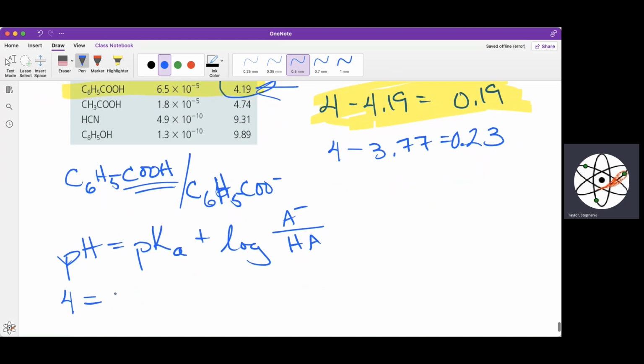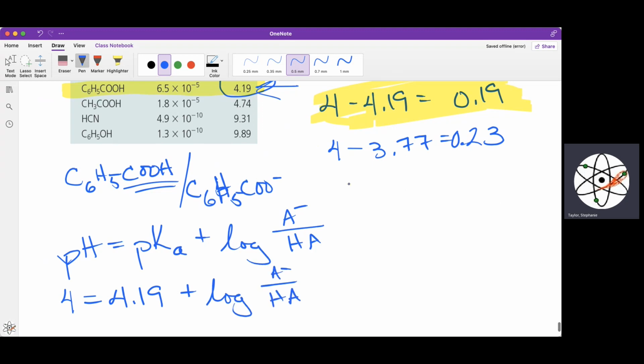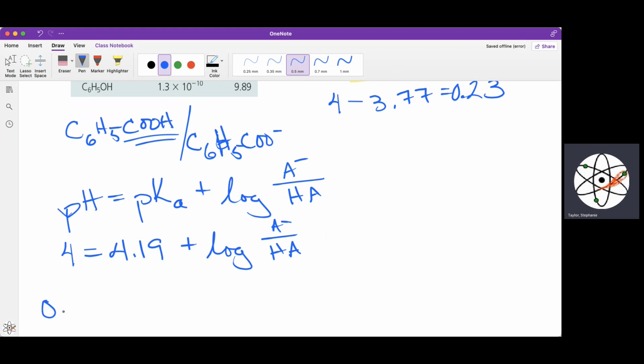So 4 is equal to 4.19 plus the log of A minus over HA. We already did that subtraction: negative 0.19, because I subtracted 4.19 from both sides, is equal to the log of A minus over HA.